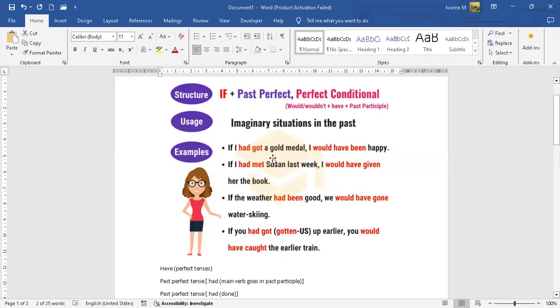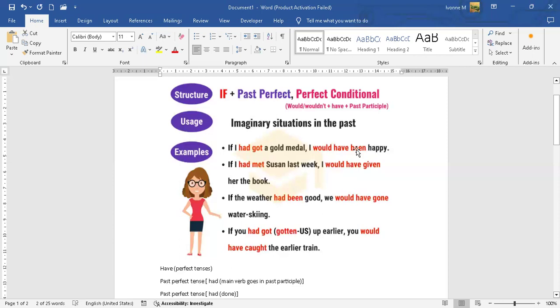If I had got a gold medal, I would have been happy. What's the meaning of this sentence? Do you understand? In this sentence, what the meaning for me is that this person is not happy.